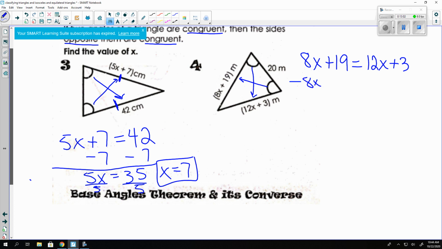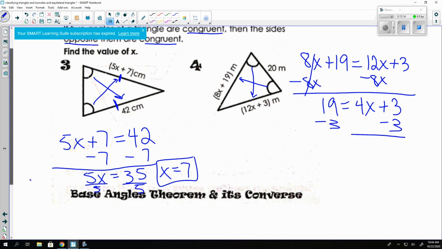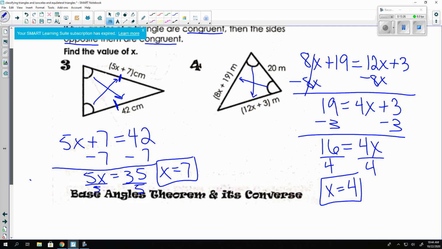So minus 8x, minus 8x. 19 and 12x minus 8x is 4x, so 4x plus 3. All right, take this 3 over to the other side, so I have to subtract. So 16 is equal to 4x. Divide by 4. So x is 4 for this one.